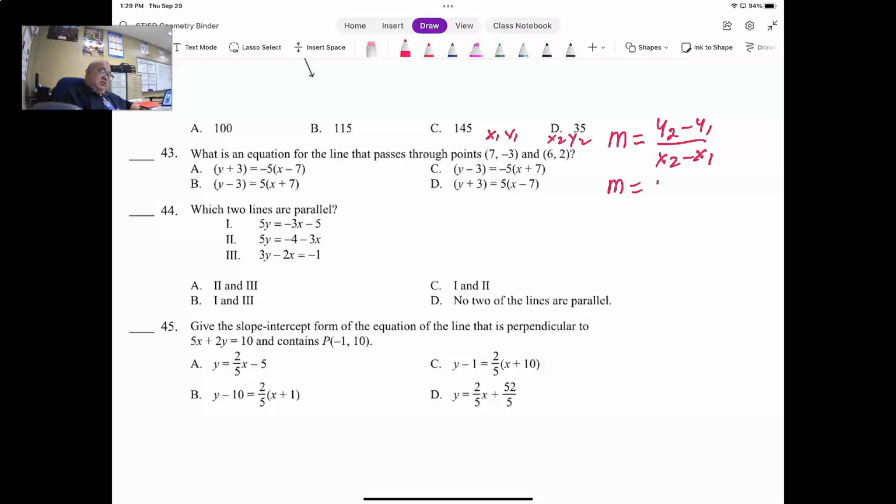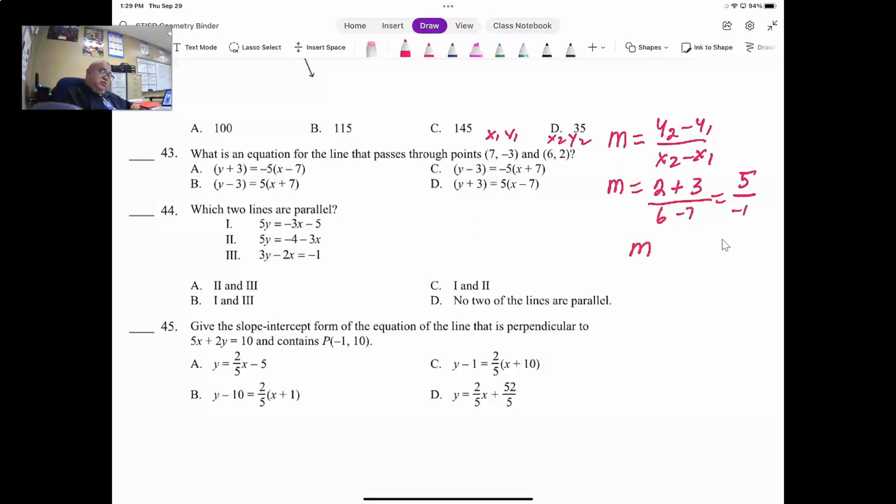So y2, you have 2, minus y1, minus 3, divided by x2, which is 6, minus 7. You should stop me here because I made a mistake, right? 2 minus a negative 3 becomes positive. So that's 5 over 6 minus 7, which is negative 1.